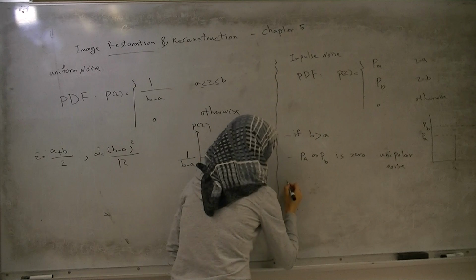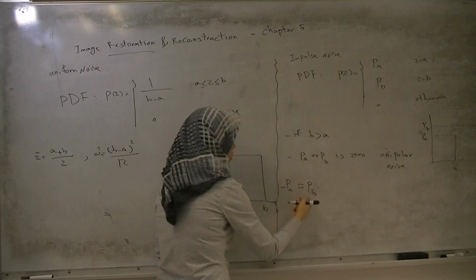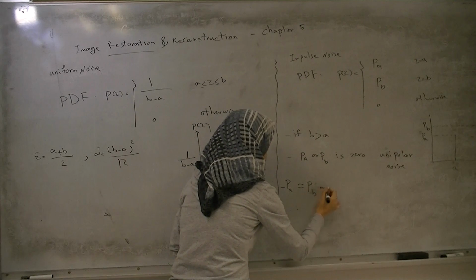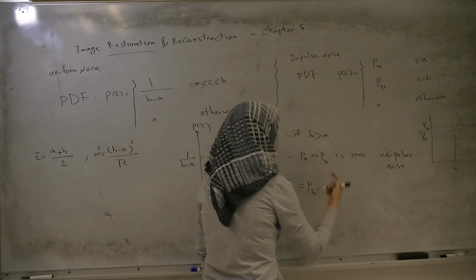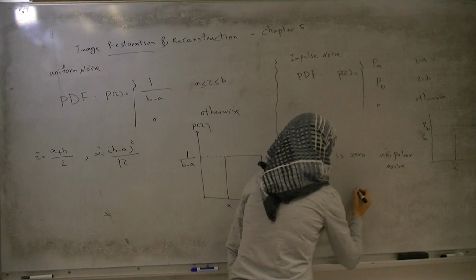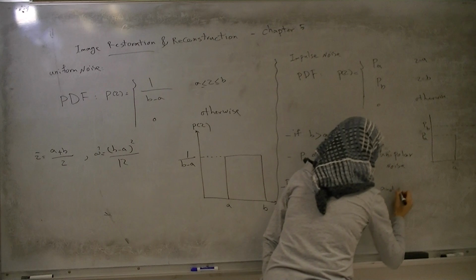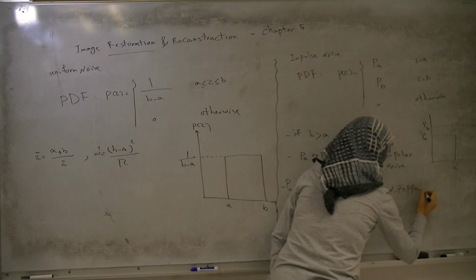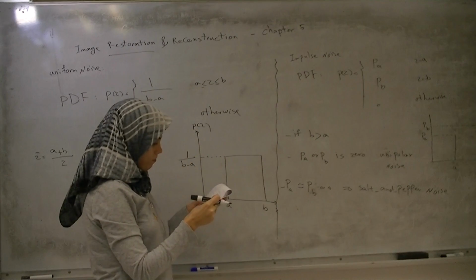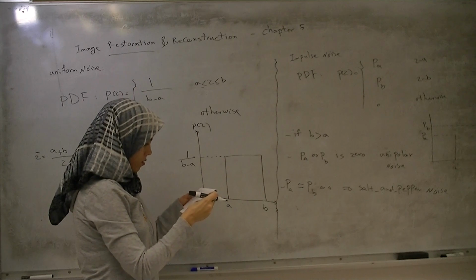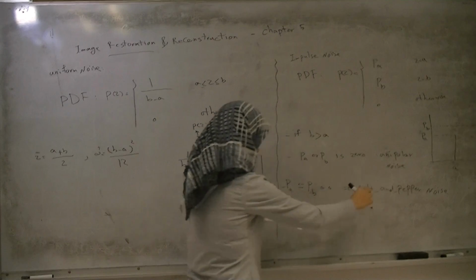And also if PA is equal to PB and maybe not equal to 0, this one is a symbol of the salt and pepper noise. We also call it bipolar noise.